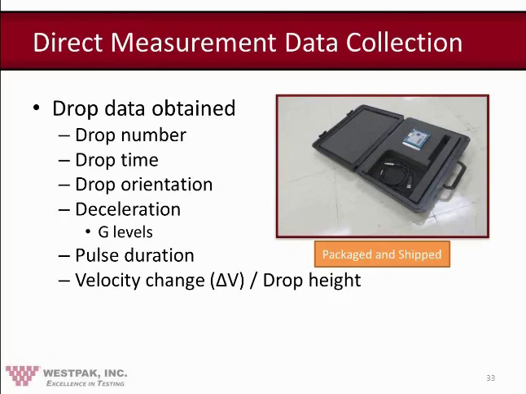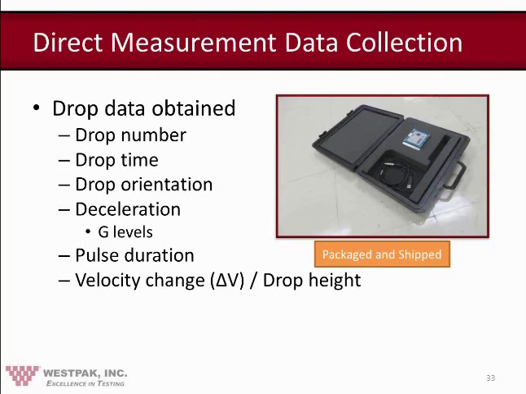The drop orientation: if it was dropped base down, side down, top down. Deceleration levels, which is also known as G levels, and that is directly related to the fragility of the product, which is known as critical acceleration, to be discussed next webinar. And the pulse duration, just how long did it take for that shock pulse to happen.